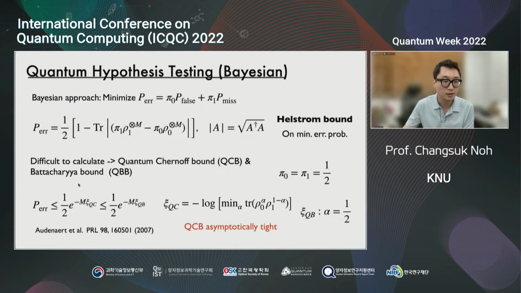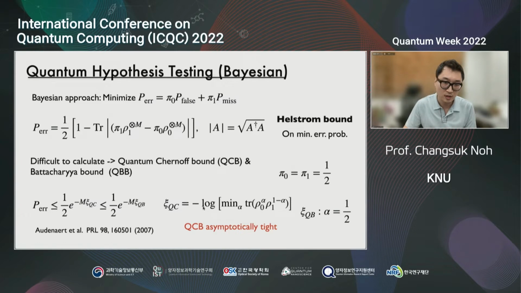If you're interested. What we see here is the error probability decreases exponentially with m, the number of copies, and there's some factor involved which we call the Chernoff error exponent. So this is the quantum Chernoff bound error exponent, which is given by this quantity.